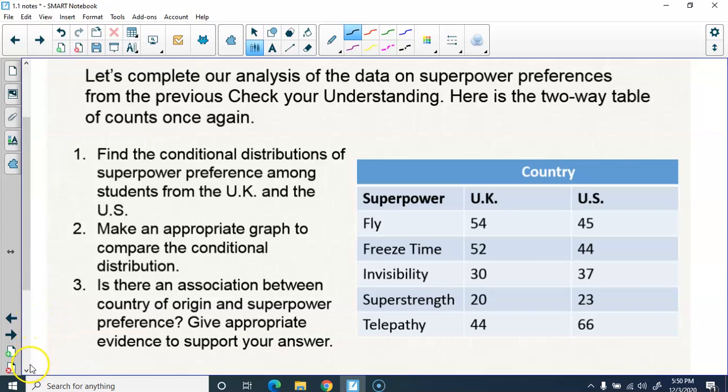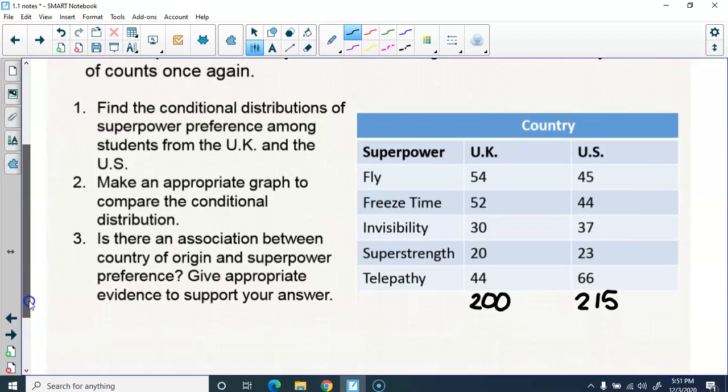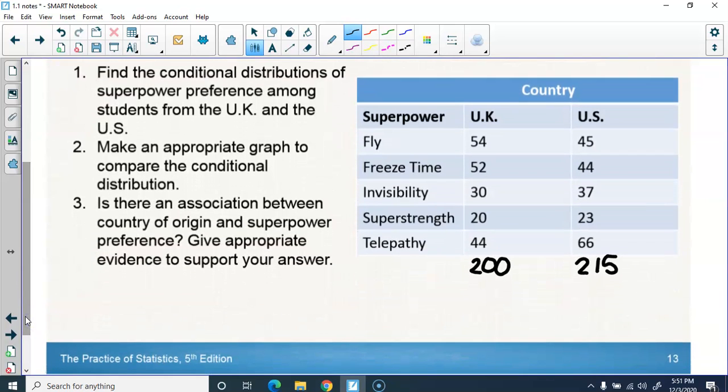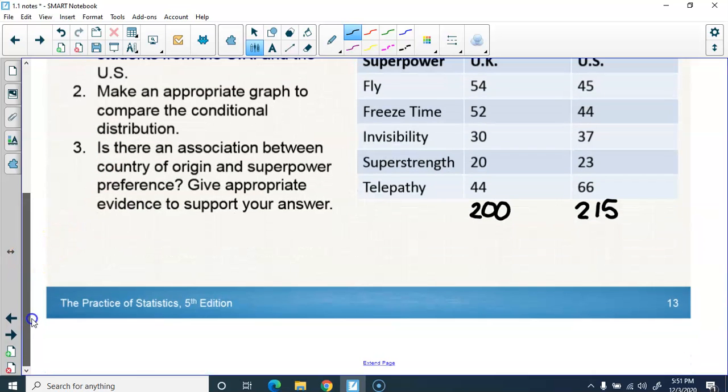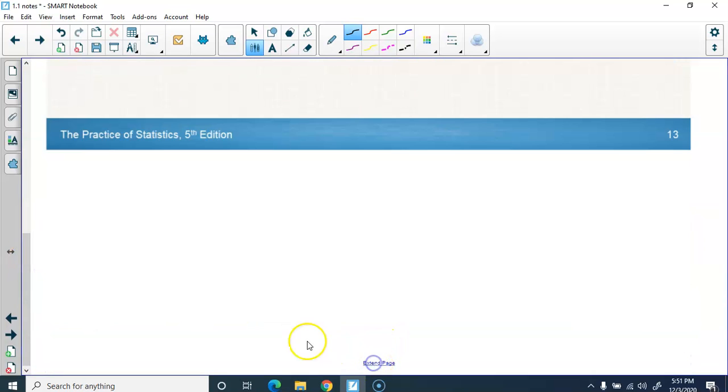I'm going to take just a second here to add up these column totals so that we have those to work off of. Okay, you can see that I added those numbers in there. Those are the 2 column totals, since those are the conditions that we care about. So I'm going to come down here and make a conditional distribution for the UK and the US.